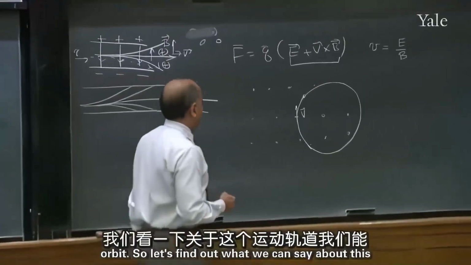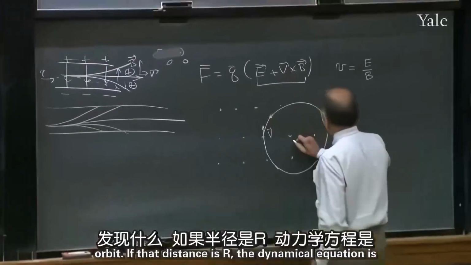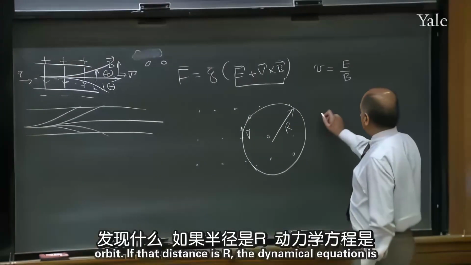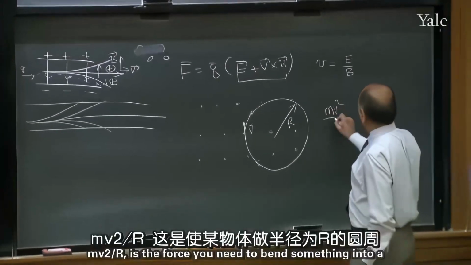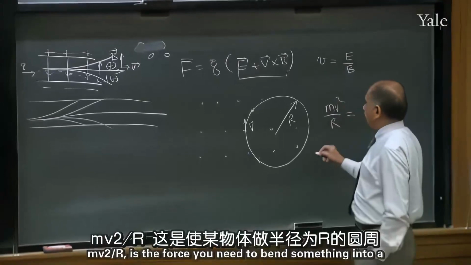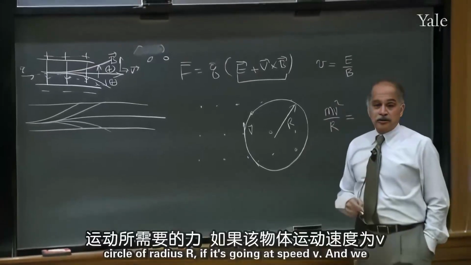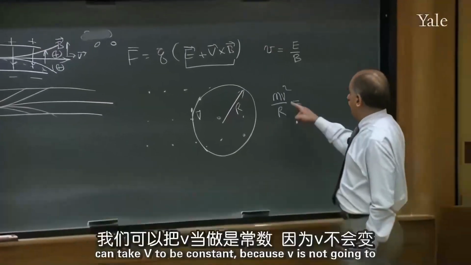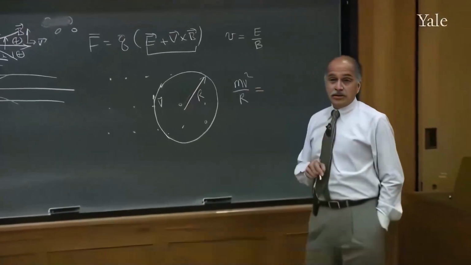So let's find out what we can say about this orbit. If that distance is r, the dynamical equation is mv² over r is the force you need to bend something into a circle of radius r if it's going at speed v. And we can take v to be constant because v is not going to change.